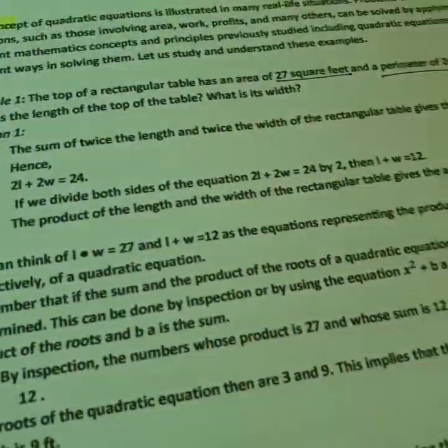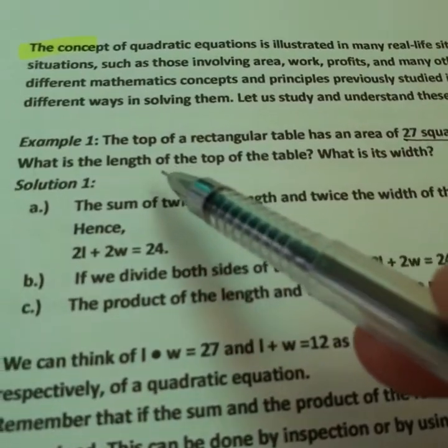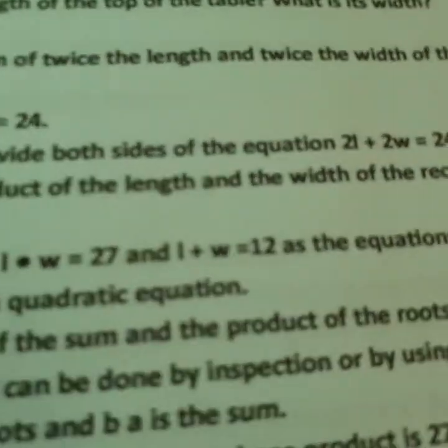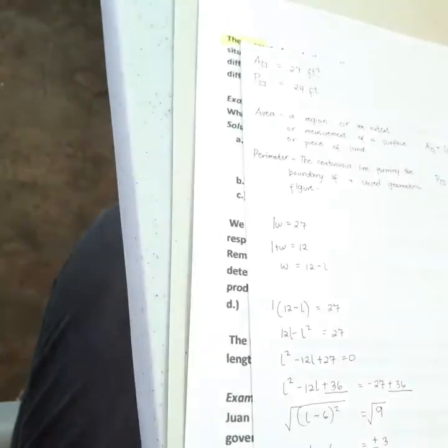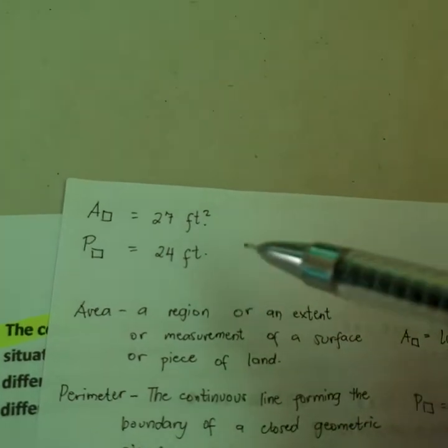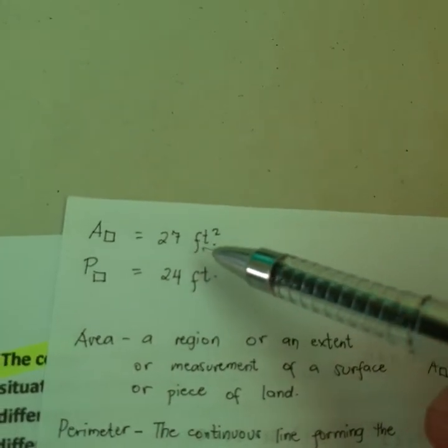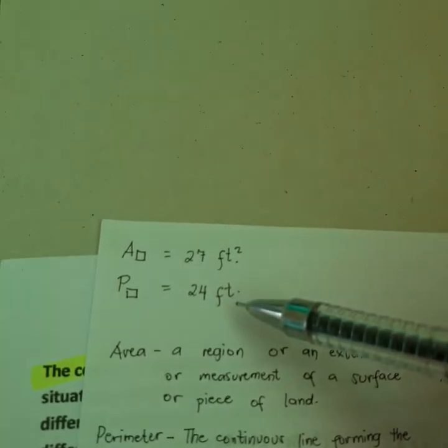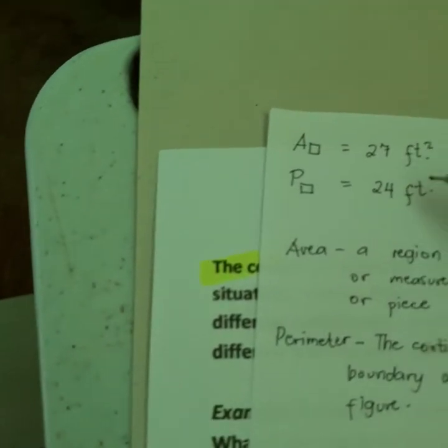Okay, unsa tong problema? Find the length of the top of the table, then find the width. Okay, here is the process. To find the length, first, we know that ang area is 27 square feet. And our perimeter of the table is 24 feet.